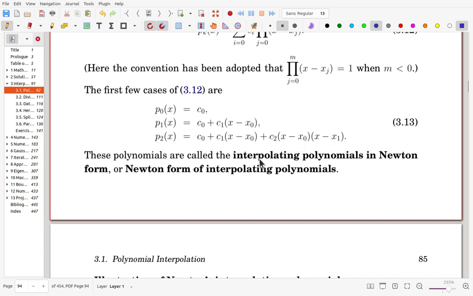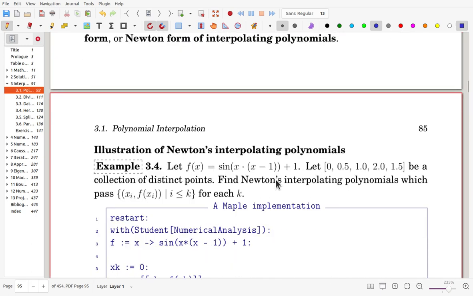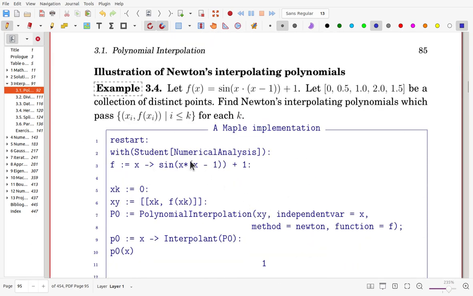You can continue here. So these polynomials are called the interpolating polynomials in Newton form, or Newton form of interpolating polynomials.